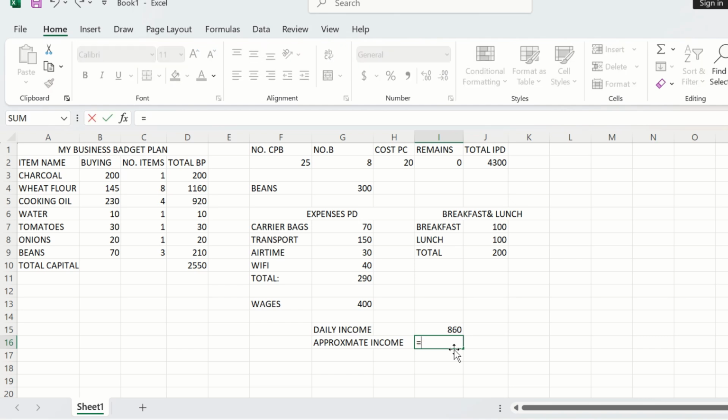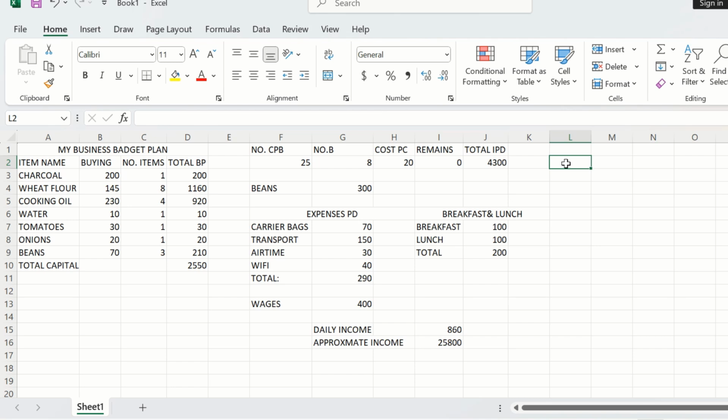So you multiply the number of days with your daily income. So approximately you will be expecting to earn at least 25,800 shillings in the month, right? Yes, approximately 25,000 if this is just what you are dealing with on the daily basis.